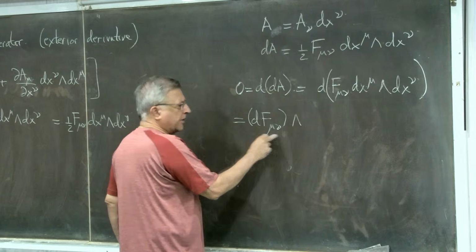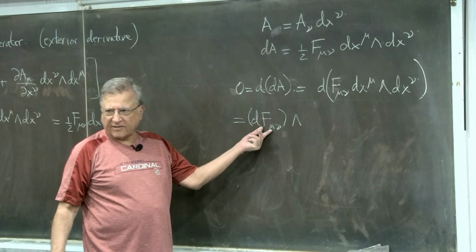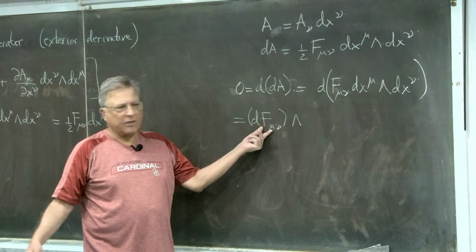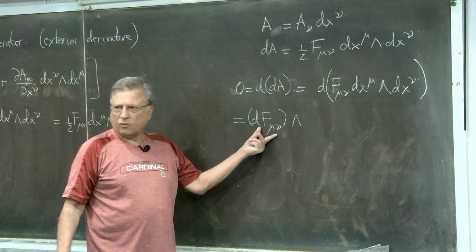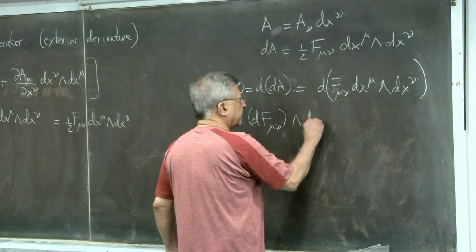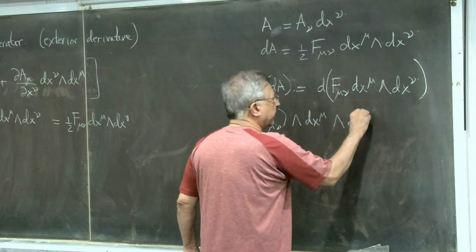wedge, because this, remember, this is a number, a matrix of numbers, but a number. So this is a one form, wedge dx mu, wedge dx nu.